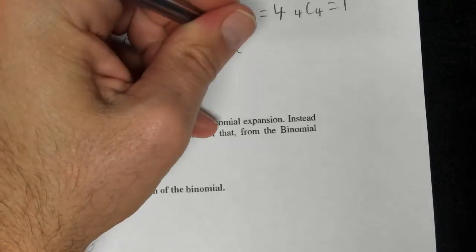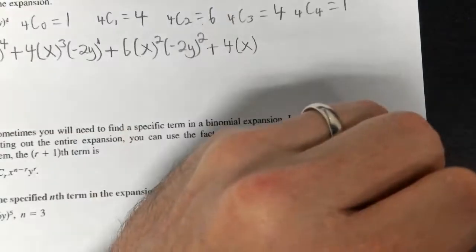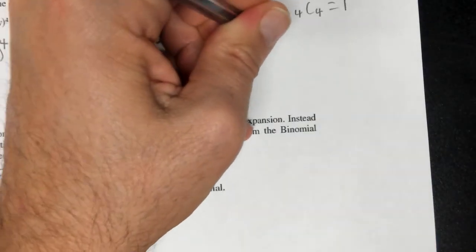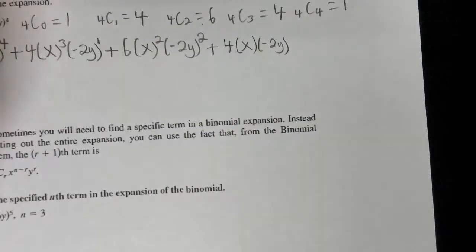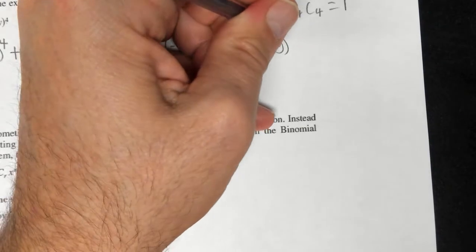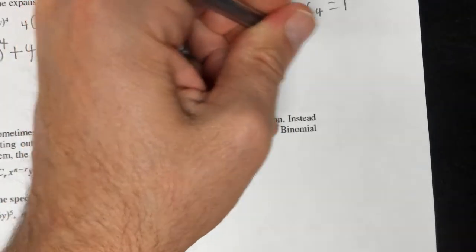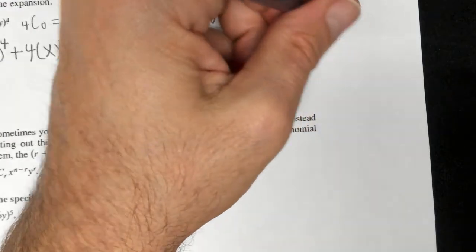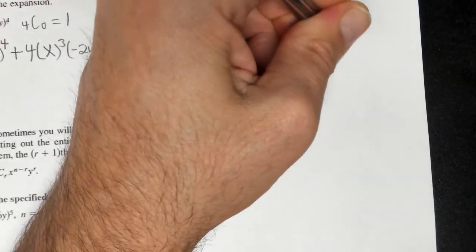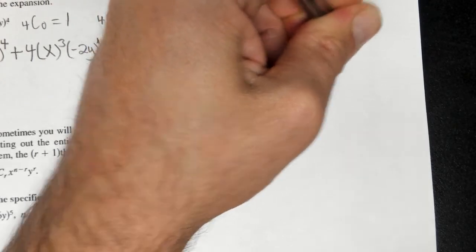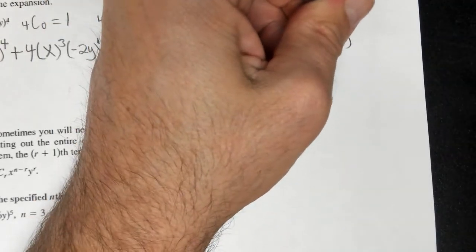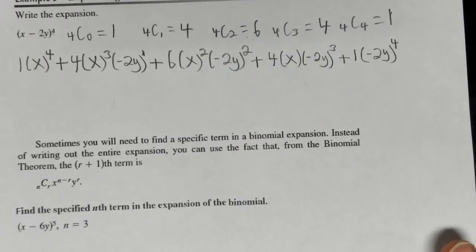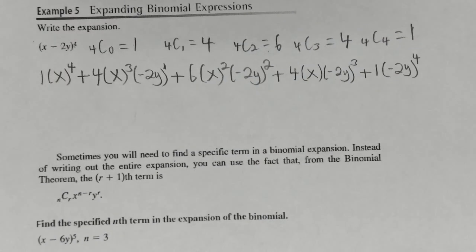And this would be x to the 1st power, which is just x, but it's going to be negative 2y raised to the 3rd power, plus 1. The x now is to the 0 power. Don't even have to write it, but I can write negative 2y raised up to the 4th power. Okay? So now these are all my terms using the binomial theorem.